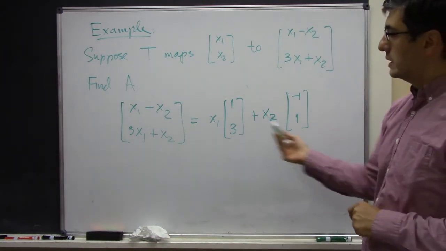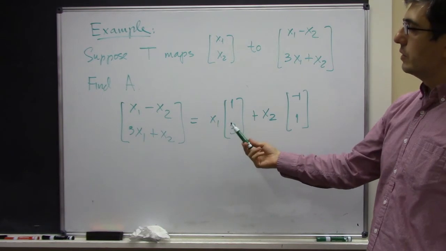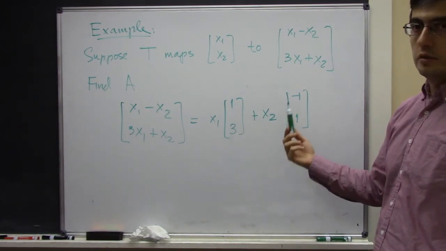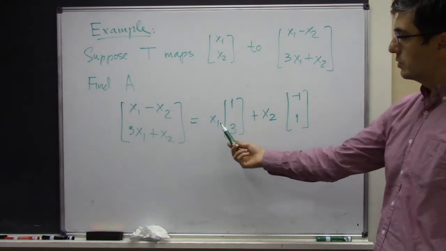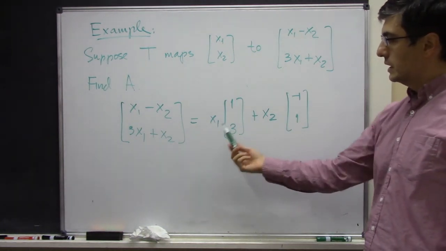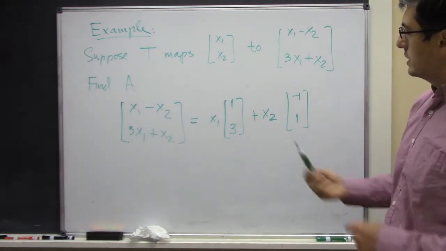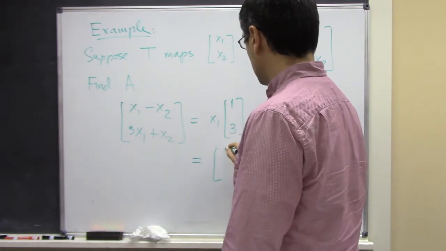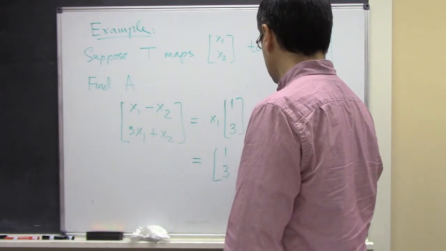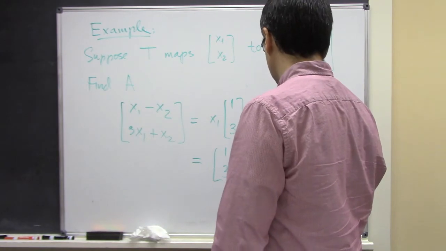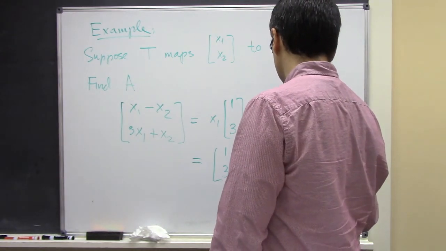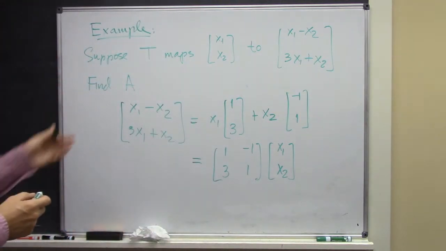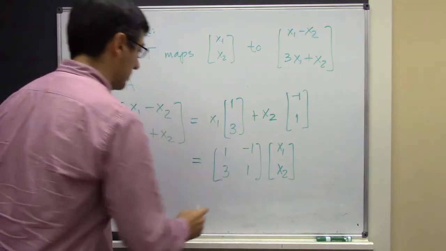Alright, but what is this? Remember how you define a matrix multiplication. It's a linear combination of vectors, right? So now since I wrote this as a linear combination of vectors, you already see the matrix. This is equal to the matrix with columns (1, 3) and (minus 1, 1) multiplied by (x1, x2). So the matrix A is this matrix. This is A.